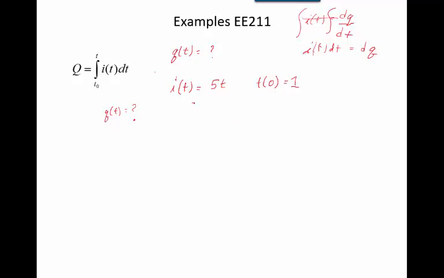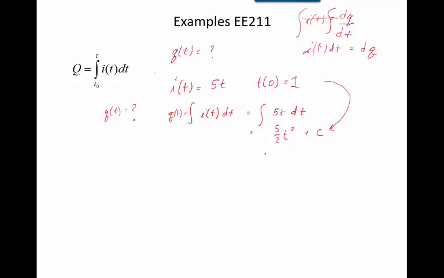I need to integrate I of t dt, which is the integral of 5t dt. If I integrate that, it becomes t squared, 2 goes into the denominator, 5, and plus a constant of integration, an unknown. So I use my initial conditions to figure out what that constant of integration is.